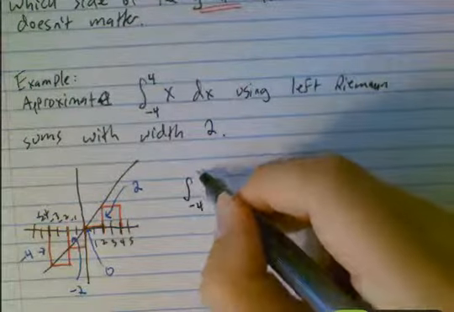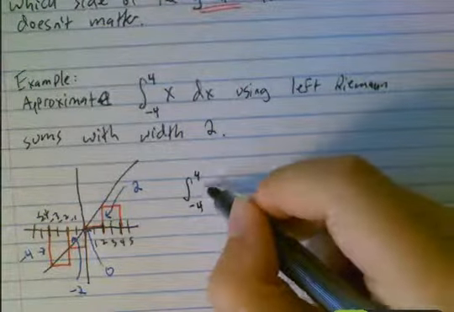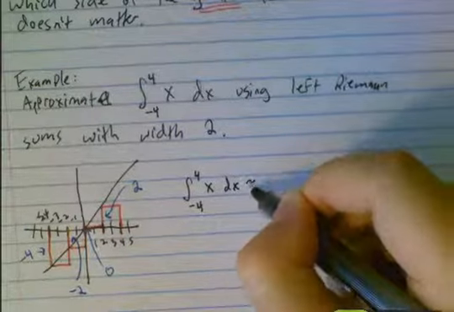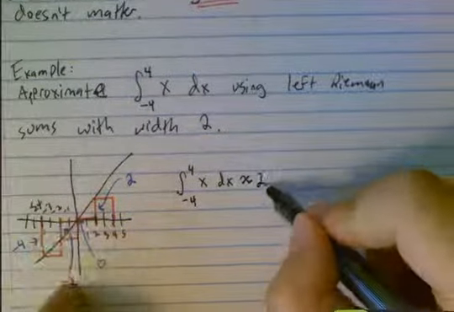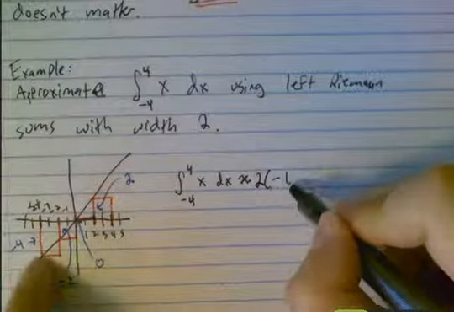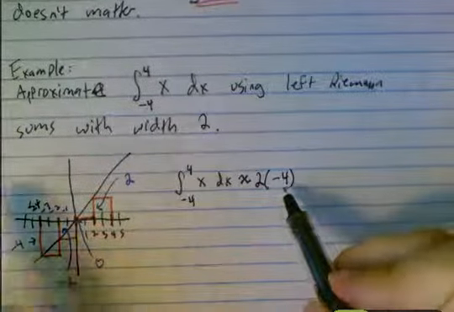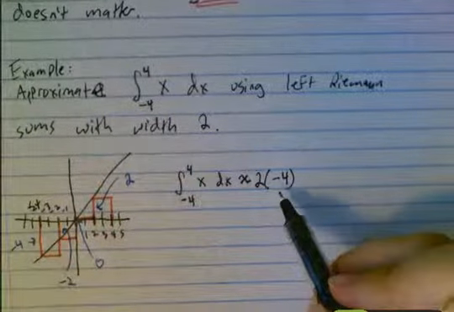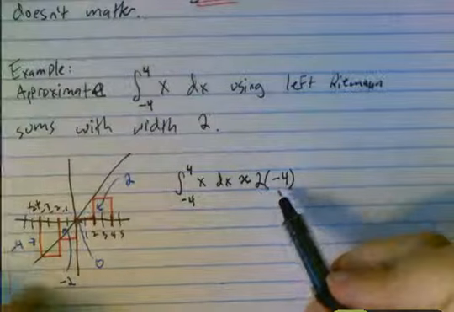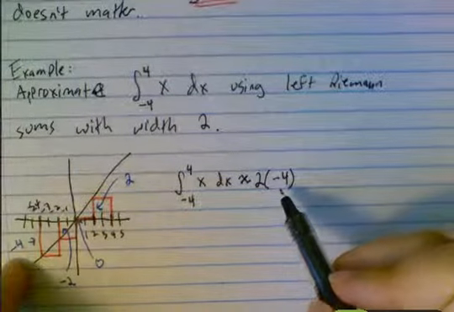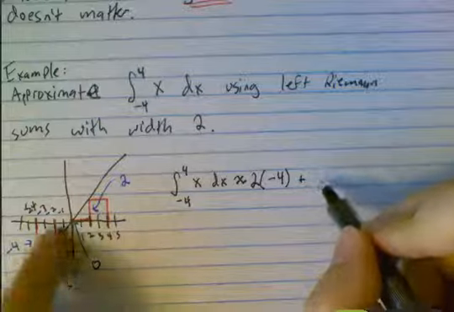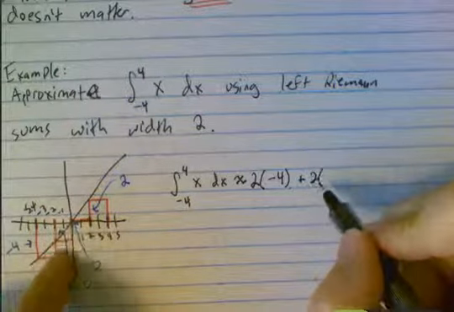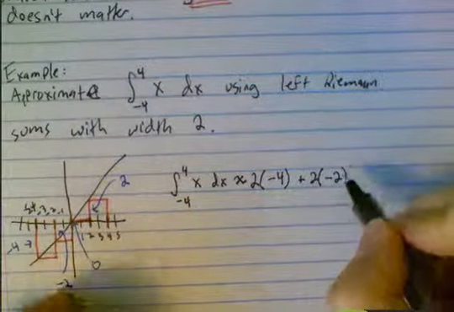So the integral from -4 to 4 of x dx approximately equals, this width right here is 2, this height is -4, and here it's the same thing, it's just height times width, and if the height happens to be negative, so what? This also has a width of 2 and a height of -2.